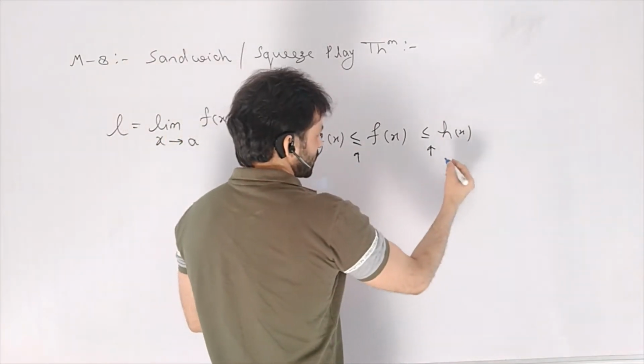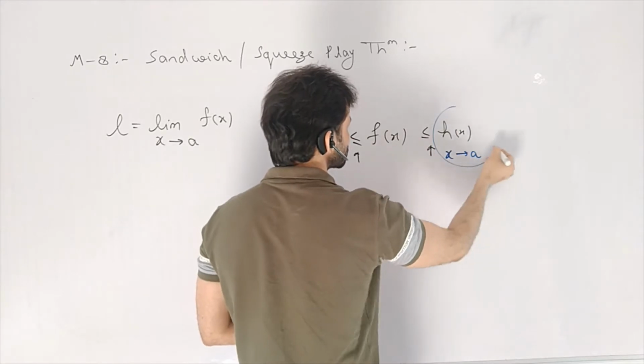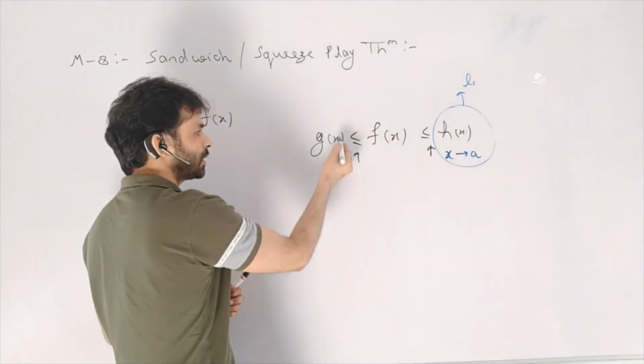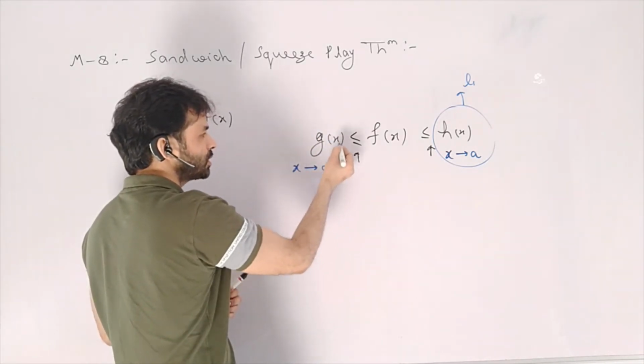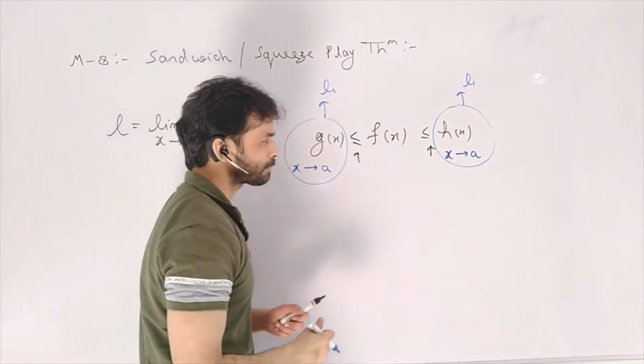And for x tends to a, the limit of this function is L1. And for this function also, for x tends to a, the limit is the same, L1.